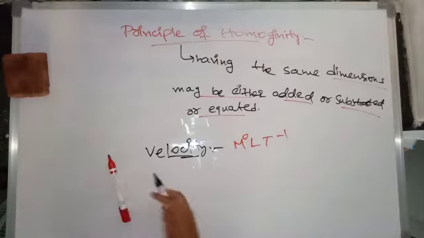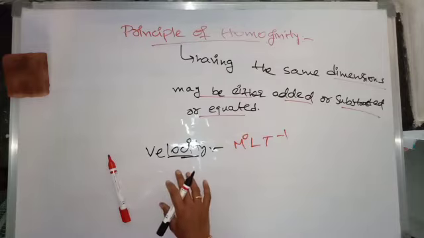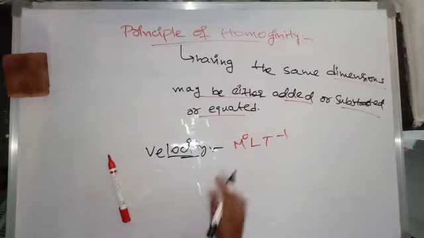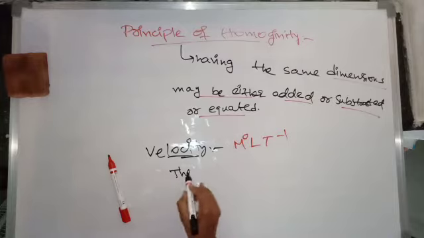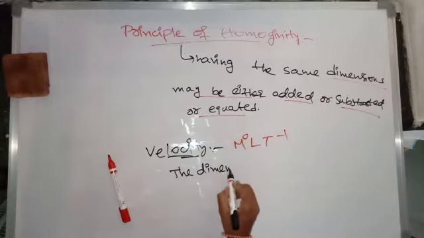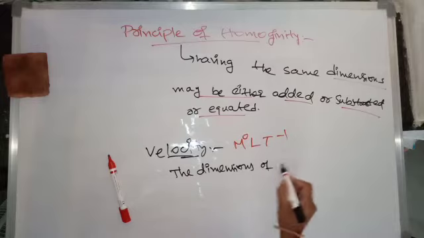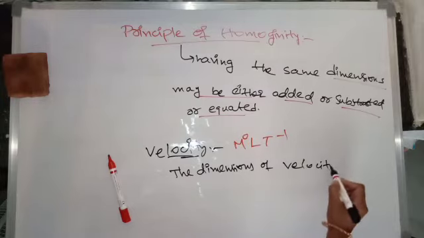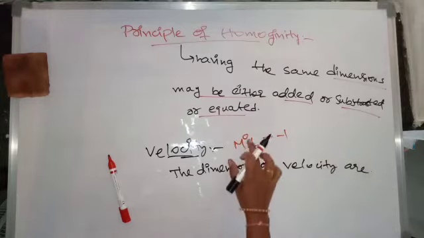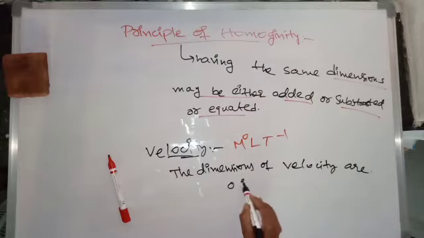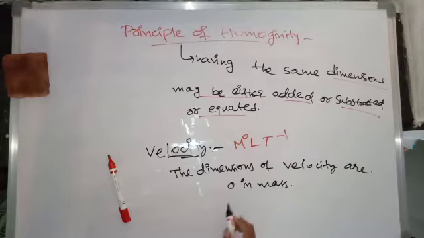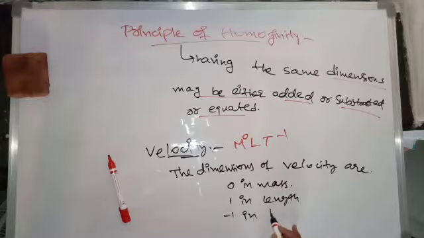Now the dimensions of velocity are 0 in mass, 1 in length and -1 in time.